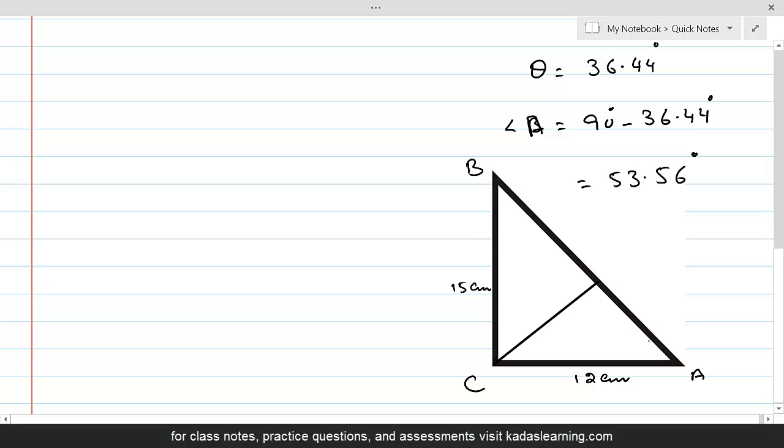Let us take this angle at A. If we find this angle theta from triangle ABC, tan theta is equal to BC, which is opposite, over adjacent AC.